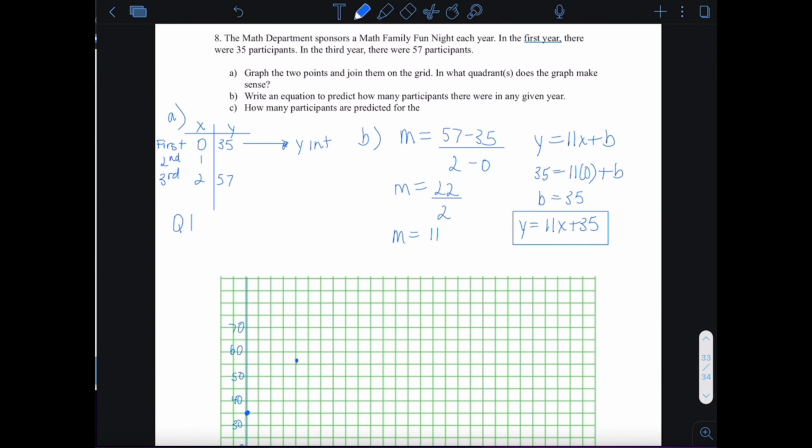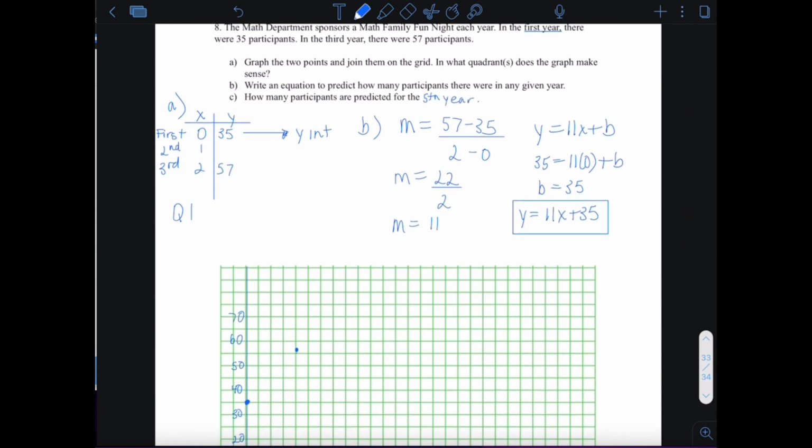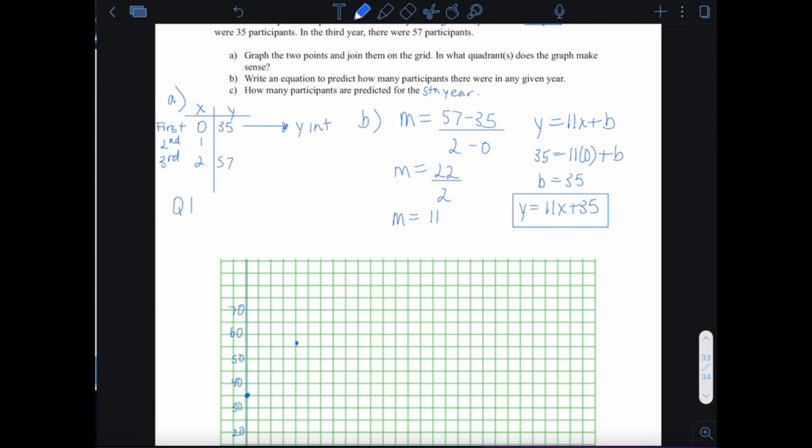It looks like something got cut off here. So let's just say how many participants are predicted for the 5th year. I think something got cut off in my Notability notes. So in year 5, or the 5th year, my x value would actually be 4, if I go by the pattern in the table.